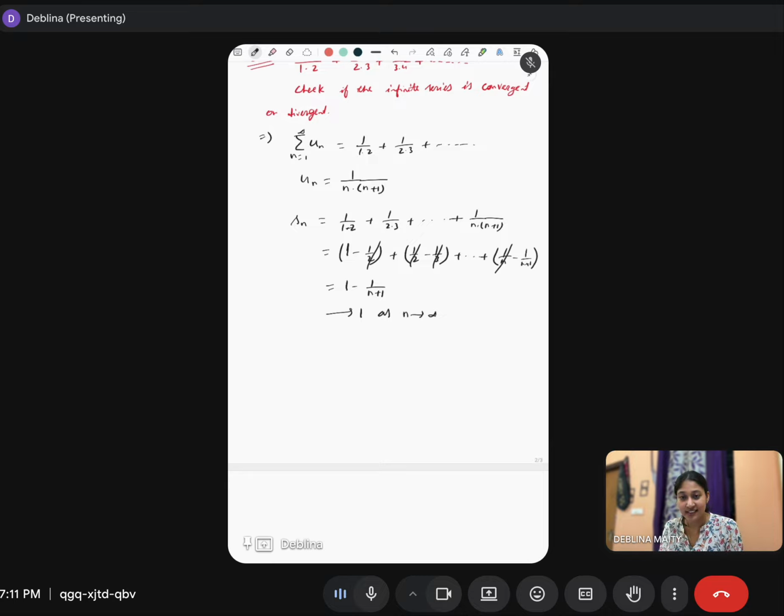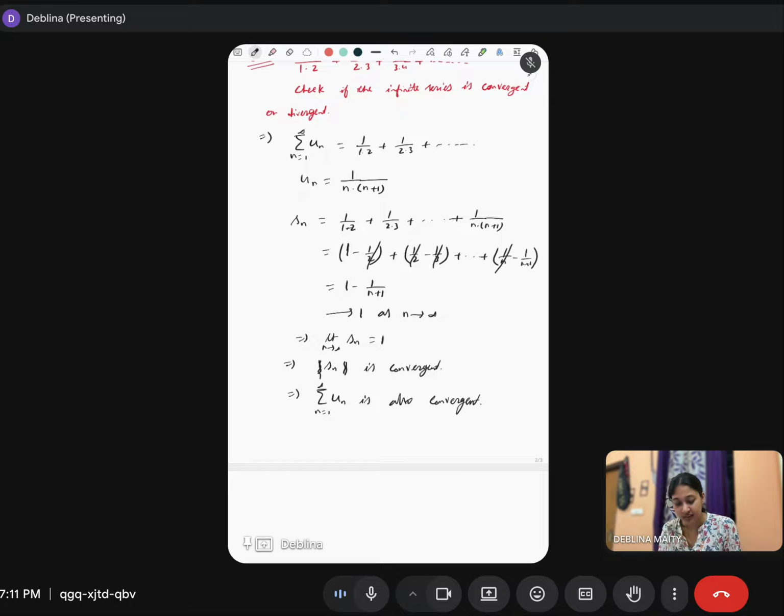So this sequence Sn is convergent. The limit as n tends to infinity of Sn equals 1. This means the sequence Sn is convergent, right? This implies the infinite sum, the series, is also convergent.